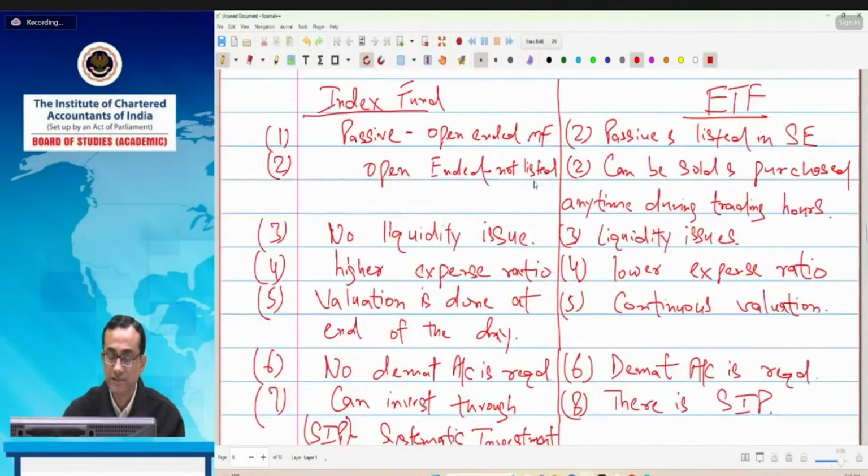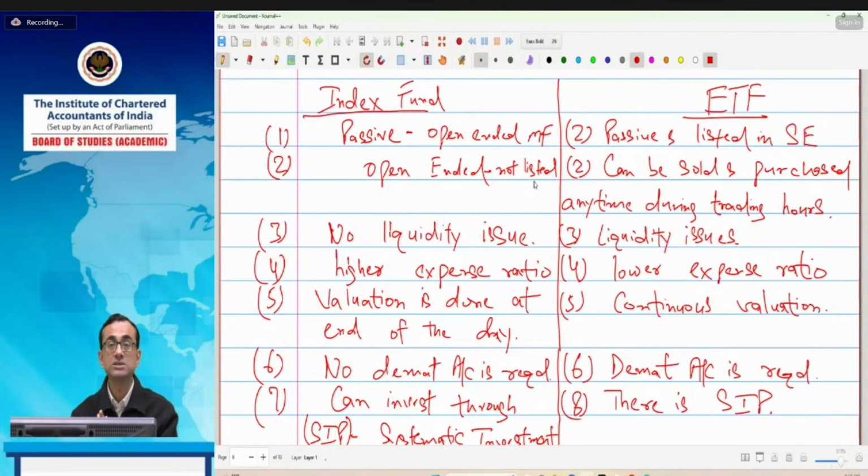Index fund and ETF are both passive, but index fund is an open-ended mutual fund and therefore not listed. And the advantage of the index fund, since it is open-ended, is that one can buy and sell anytime, and can exit from the scheme at any time. In ETF, one can also exit at any time because it can be sold and purchased just like shares during trading hours.